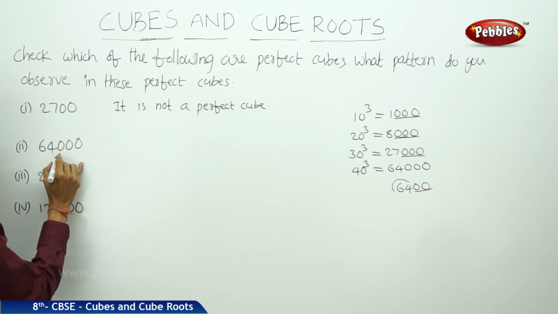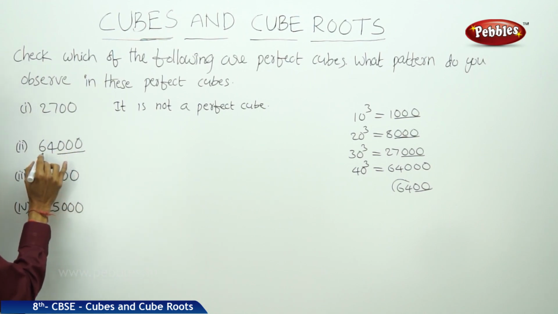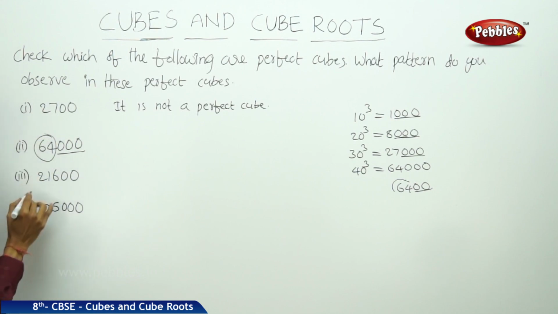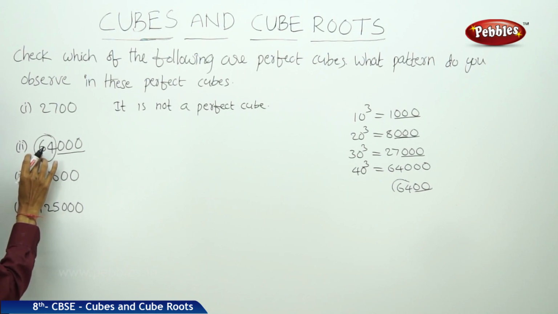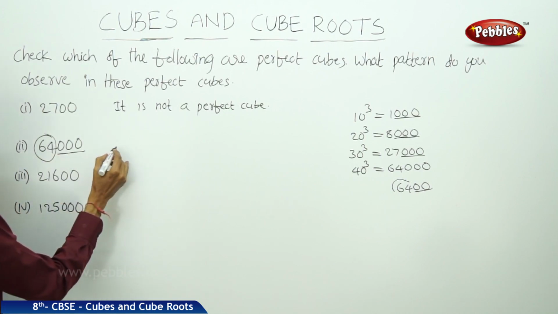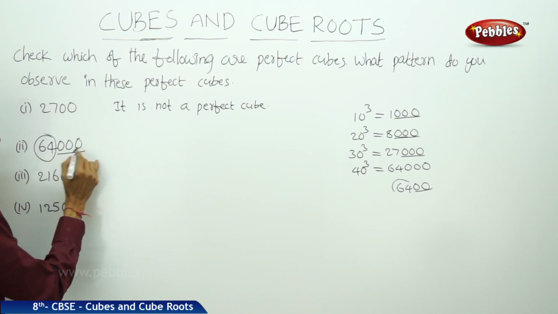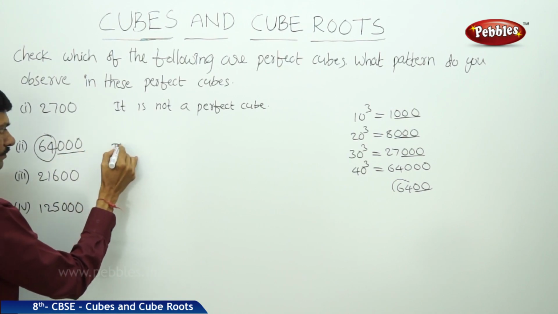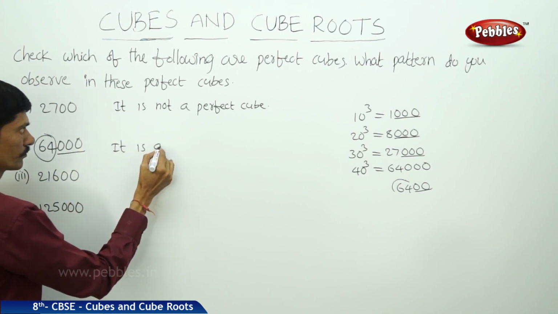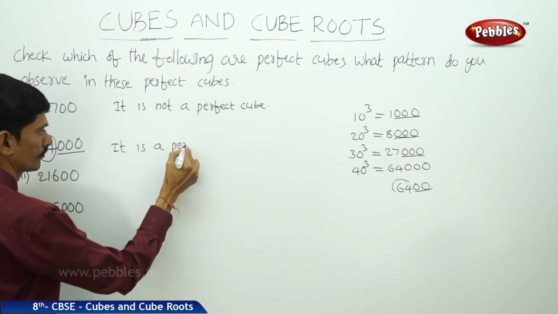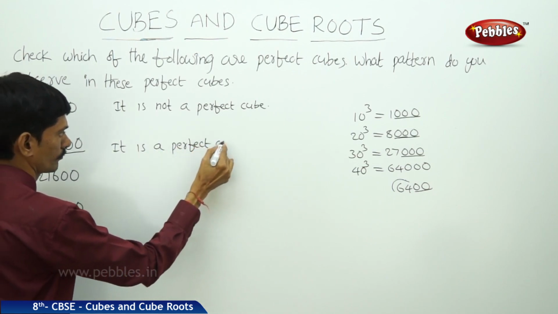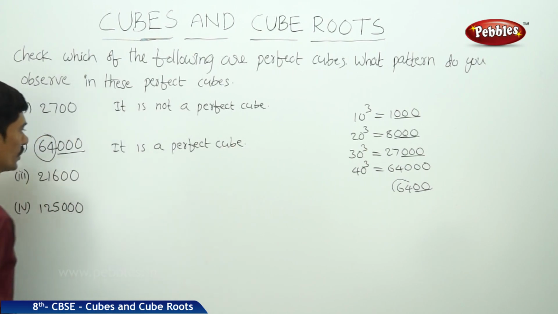It is ending with 3 zeros in the last, and the other two digits are 64, and 64 is a perfect cube. This can be written as 4 into 4 into 4. So you can take 4 and 40. So it is a perfect cube. It can be written as 40 into 40 into 40.